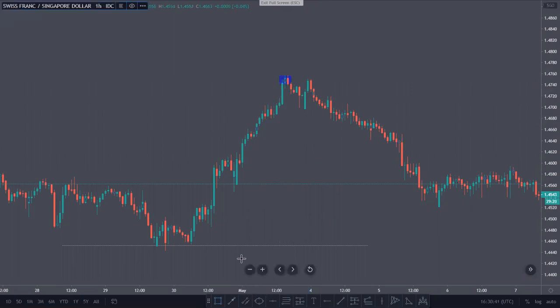Okay, so price dropped. It formed a new low. This low, this is a higher low. Or this higher high. Okay, so if this uptrend was to continue, price obviously has to break above the previous high, which is this one. But as you can see, price failed to do that.